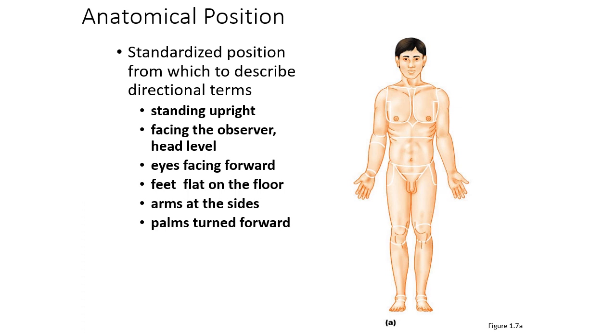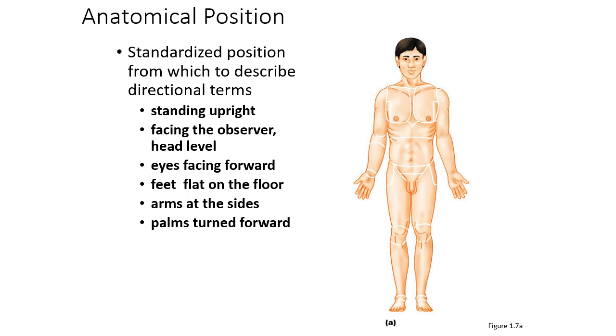Just like the figure here, we have the person standing, so they're upright, facing forward, their eyes are looking forward, their feet are flat on the ground. And one of the important things in terms of the limbs is that the palms are facing forward. The palms are pointing towards the front of the body. And this is our standard position.